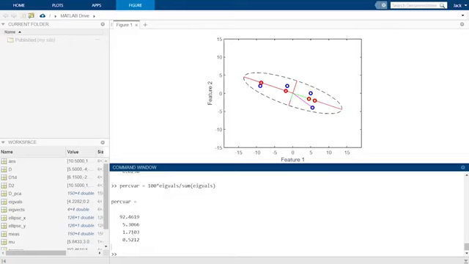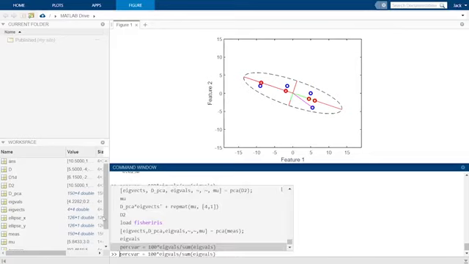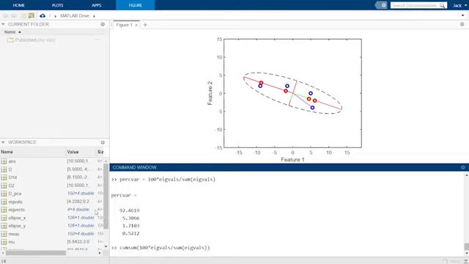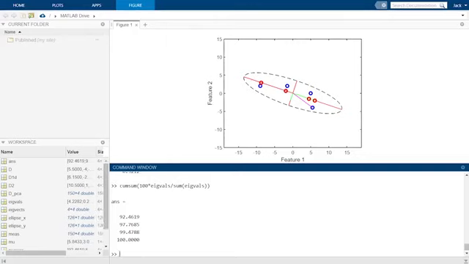Oftentimes we ask, how many principal components do I need to capture a certain percentage, say 95% of the variance in the data? If we compute the cumulative sum, this becomes easy to see. With just the first two principal components, we have nearly 98% of the variability in the data.